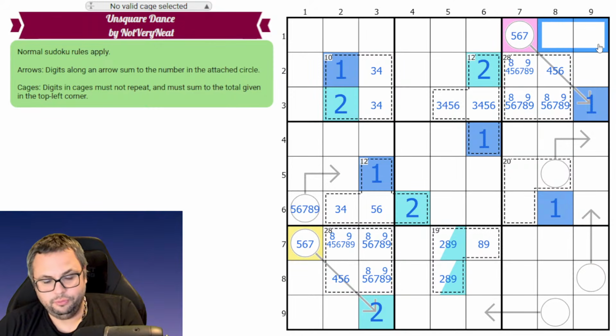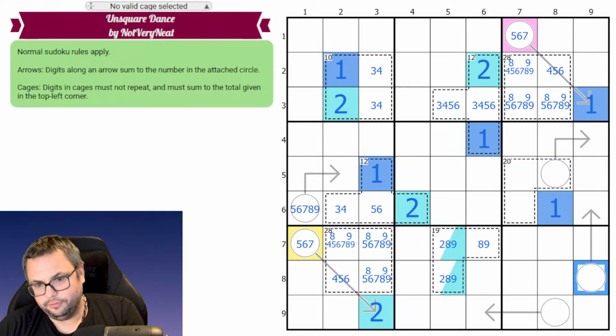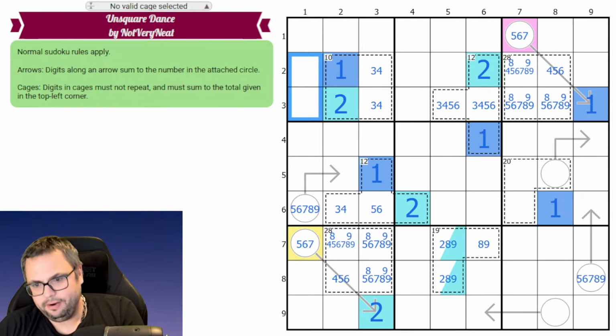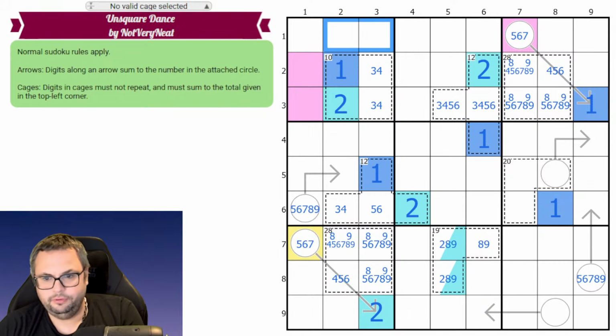There is a 2 over here. This is also at least 5. And we know one of these 2 is pink. I don't know why I didn't mark this before. One of these 2 is pink, and one of these 2 is yellow.